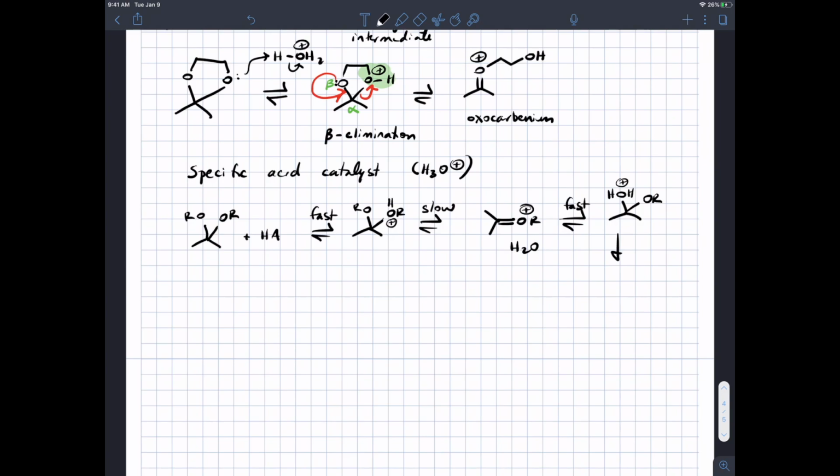And then also fast deprotonation of that positively charged intermediate to give you the hemiacetal. And of course, we could go on from the hemiacetal all the way down to the free carbonyl compound. But in general, specific acid catalysis is what is observed here.